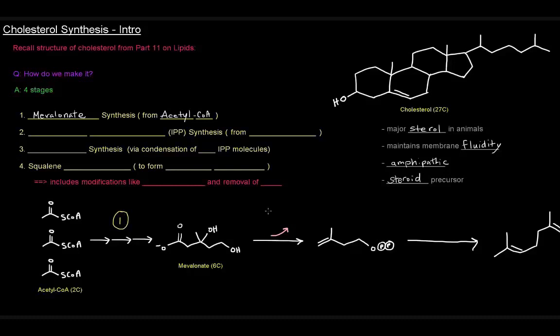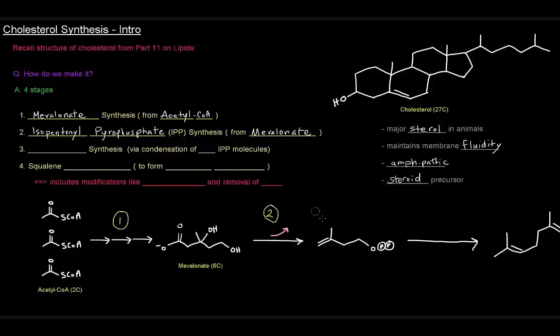Stage 2 here is called isopentenyl pyrophosphate synthesis, or IPP synthesis. And this, of course, is made from mevalonate.